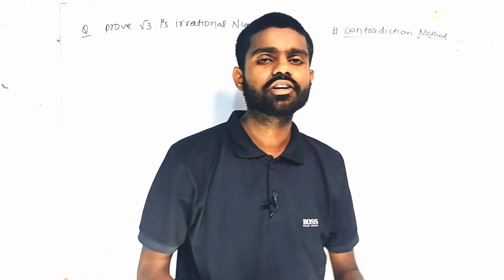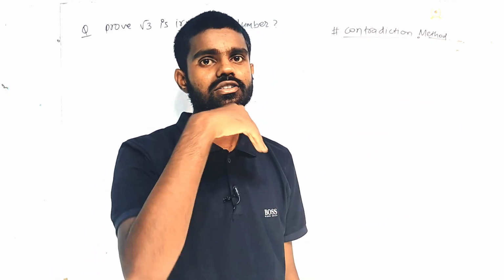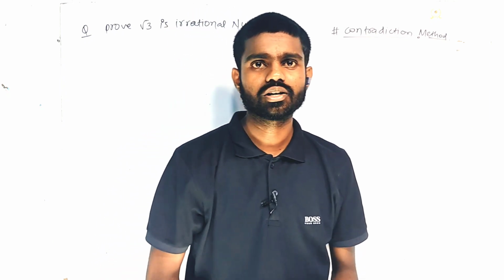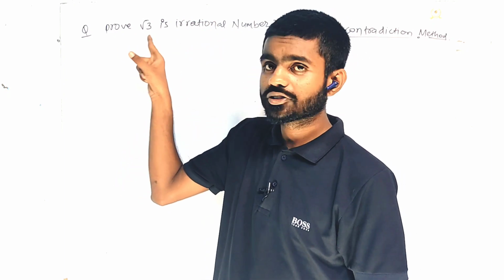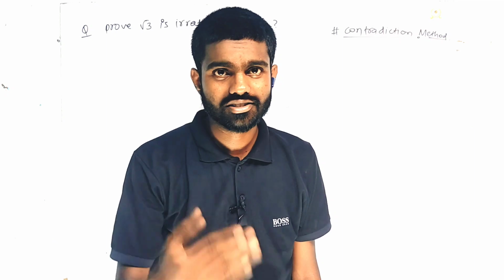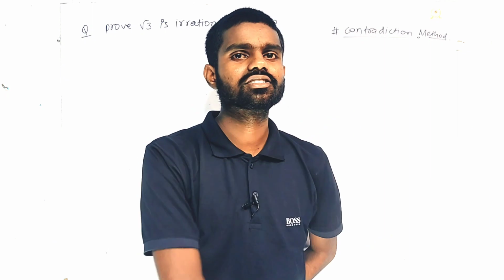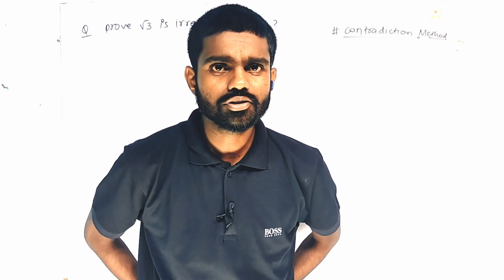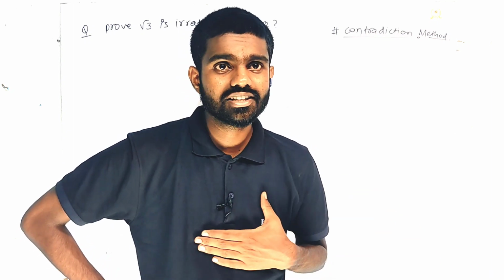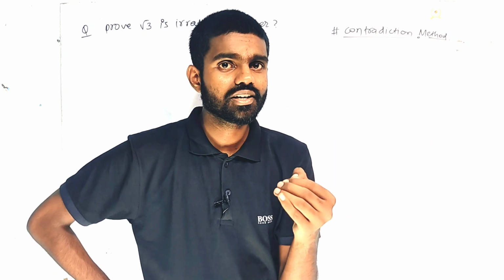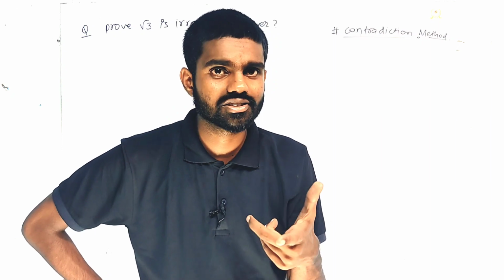If we are going to prove anything, we let that thing be opposite to its character. It means, if we are going to prove root 3 is irrational, we have to let it be a rational number, and we check whether it follows all the characteristics of a rational number. If it follows, then it will be a rational number. If it does not follow, then we can say our contradiction has failed, and then this is not a rational number, this is an irrational number.